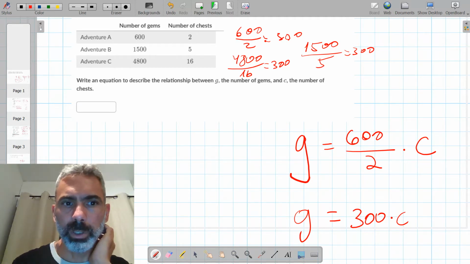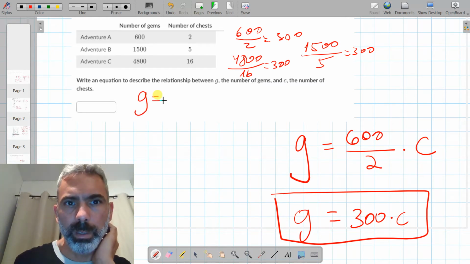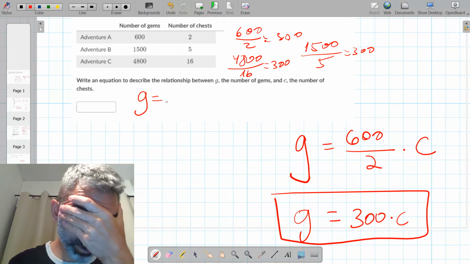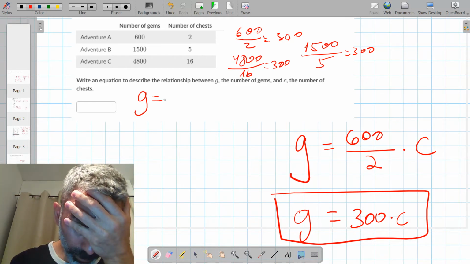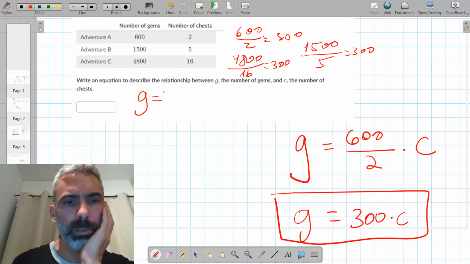So the relationship described in the equation is that the number of gems is 300 times the number of chests.